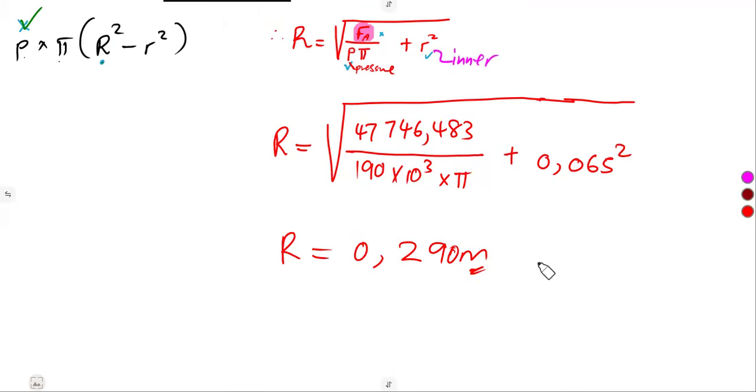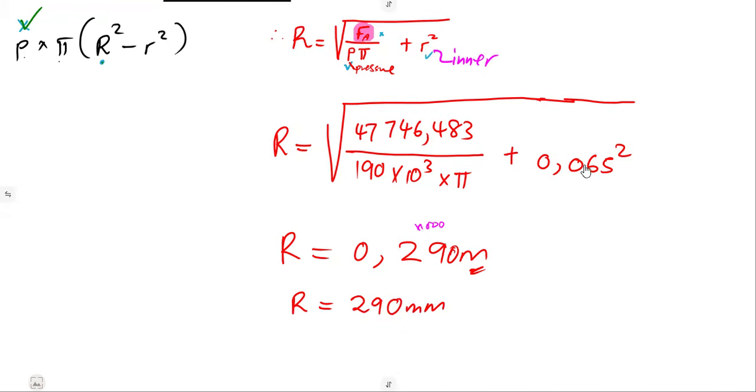Remember, to convert to millimeters we must multiply by 1,000. Remember, you were dividing before to convert to meters. So this time the opposite. So our radius is 290 millimeters.